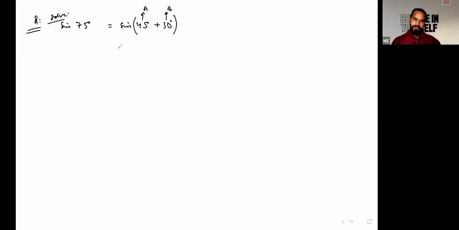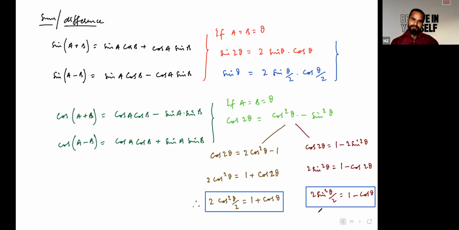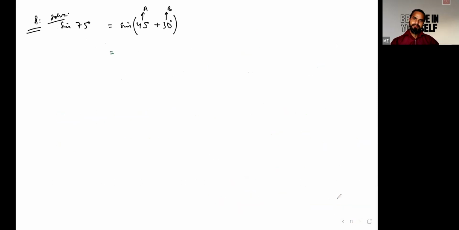Just see, if you break this particular part using the formula which I have defined for you: sine of A plus B is equal to sine A cos B plus cos A sine B. So it will be sine A times cos B plus cos A times sine B. Now put all the values and simplify it.